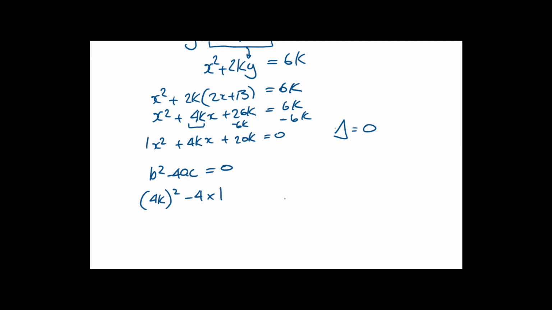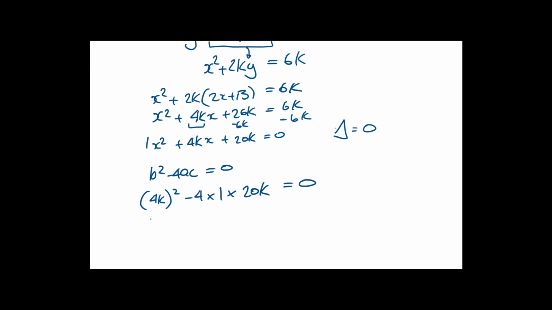There's a 1 in front of the x squared. 4 times 1 times c, which is 20k, and we know that equals 0.